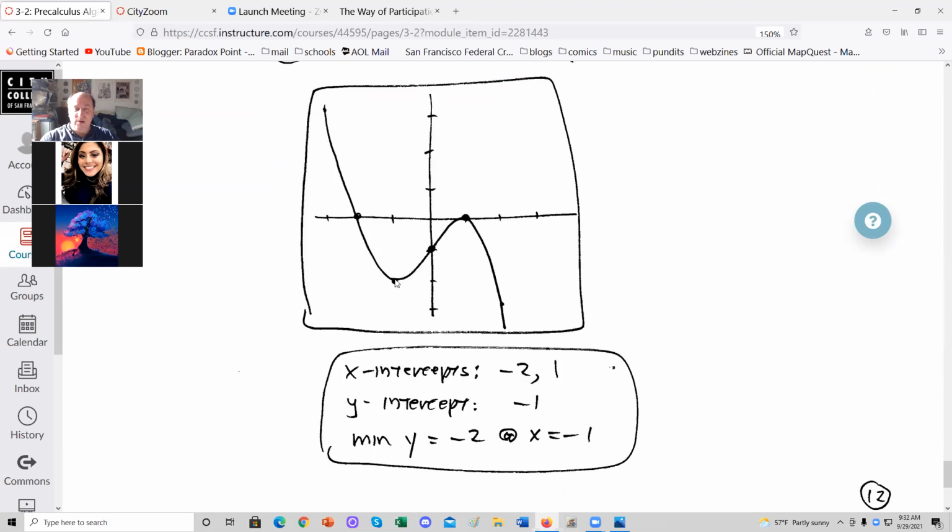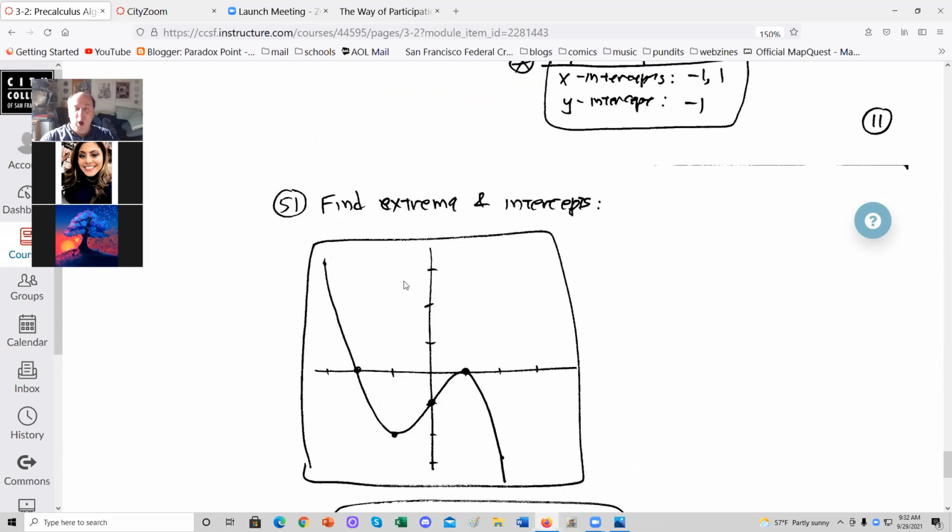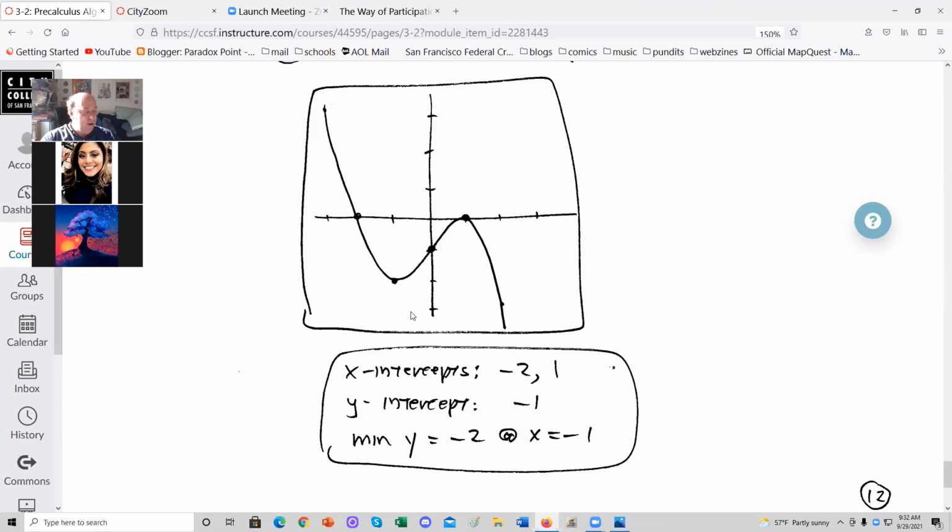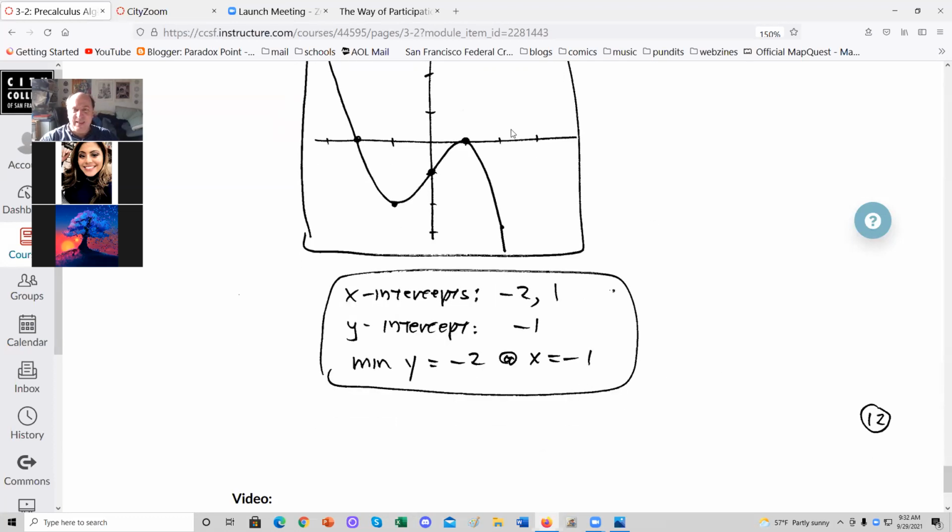And this is a local minimum. Okay, the minimum value of y is negative 2 at x equals negative 1. And I forgot to mention, and we'll put on the Canvas site, that the local maximum is y equals 0 at x equals positive 1.